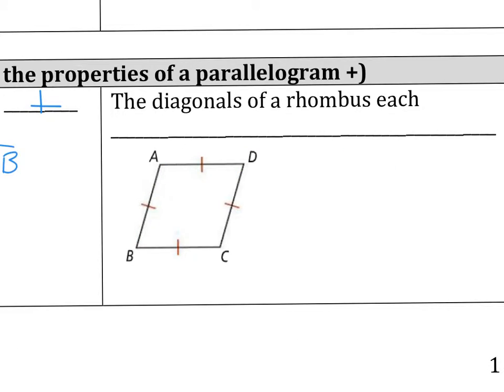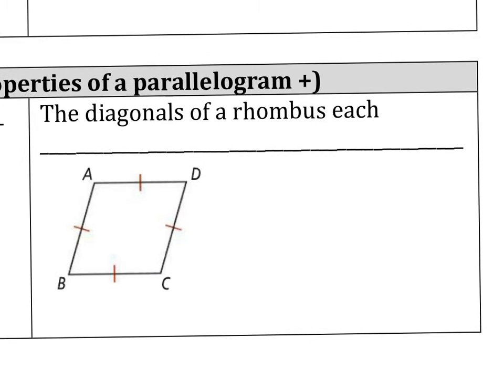So here's something else about diagonals, and this one's a little bit more wordy. The diagonals of a rhombus each bisect opposite angles. It's a little bit harder to demonstrate this because of overlapping diagonals, etc. But this blue diagonal is going to cut this angle in half and this angle in half.